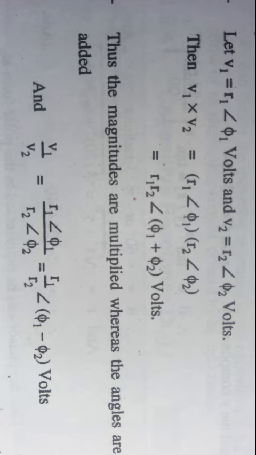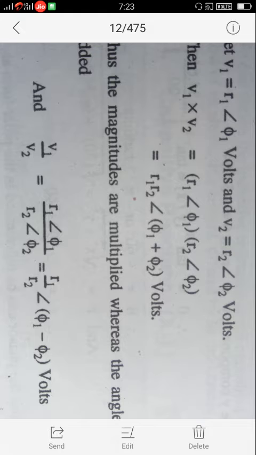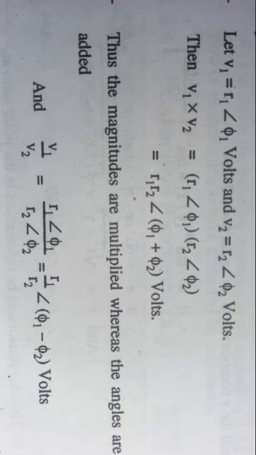Now the multiplication of phi1 and phi2 is calculated as phi1 into phi2 is equal to r1 at an angle phi 1, that is phi1, into r2 at an angle phi 2, that is phi2, and the final multiplication is r1 into r2 at an angle phi 1 plus phi 2.